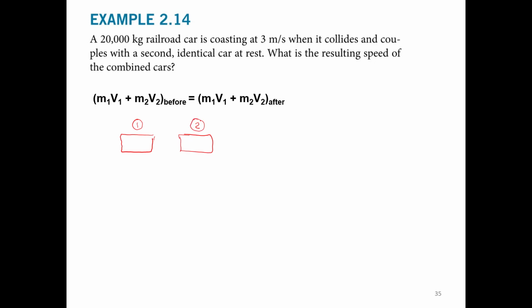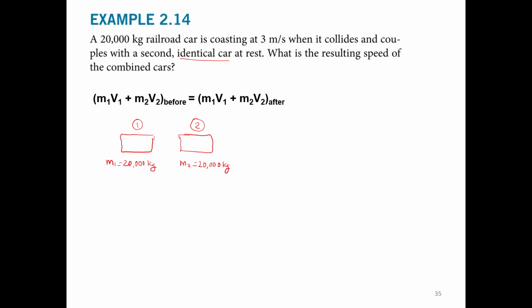Then according to the problem, the masses of these two cars are the same because they are identical cars. And we can write here, mass 1, 20,000 kilograms, the mass 2, 20,000 kilograms.